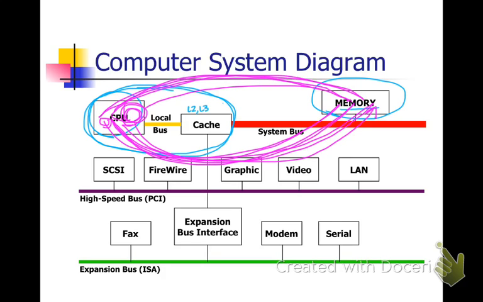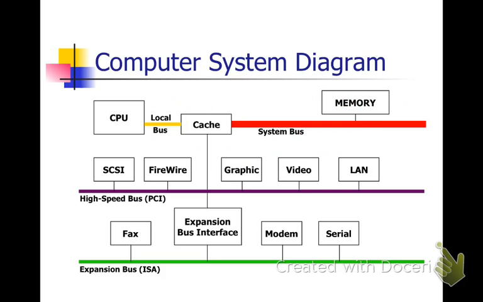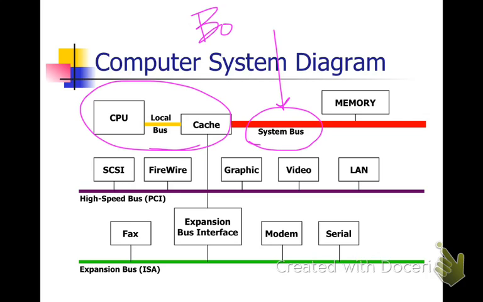So I only tell you that because I want you to realize that the bottleneck for everything is going to be the system bus. Because everything that we do has to travel across that system bus.